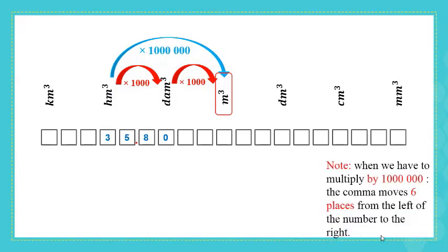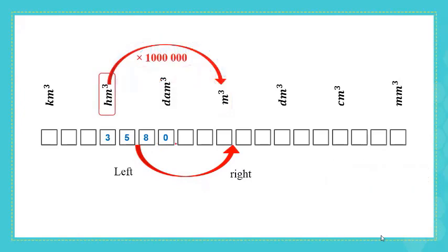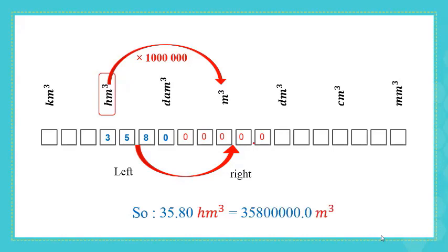When we have to multiply by 1 million, the comma moves 6 places from the left of the number to the right, like this. So we put 5 zeros in the blank boxes. The answer will be 358 million meter cube.